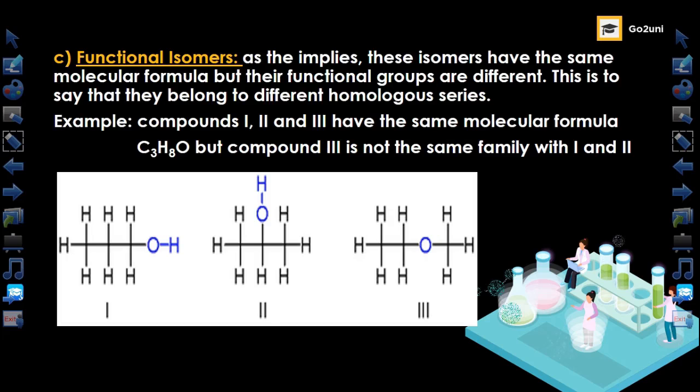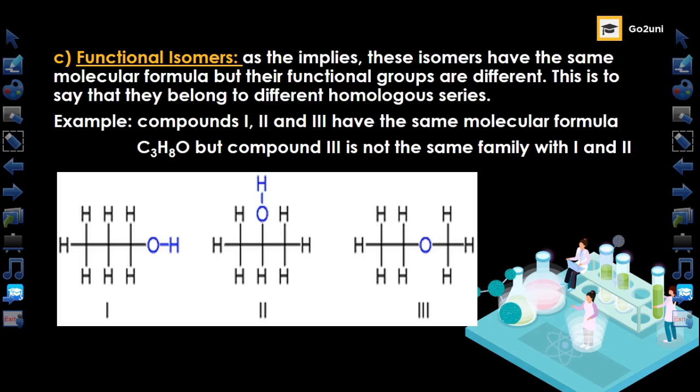Having different functional groups simply implies that they belong to different homologous series. That is to say, a compound A may belong to alkyne and compound B belongs to alkanol, but they have the same molecular formula. Can we see that? For example, two compounds A and B have molecular formula C10H20O5.